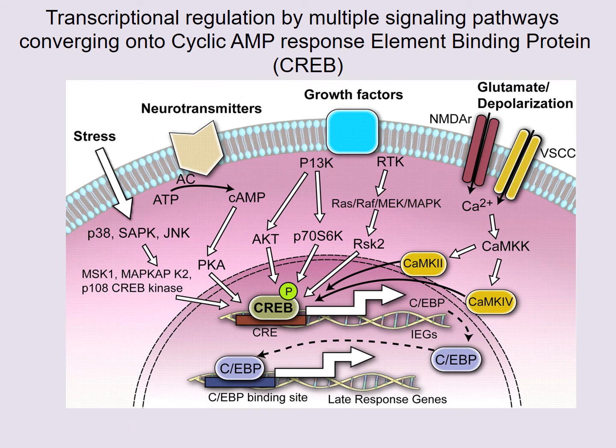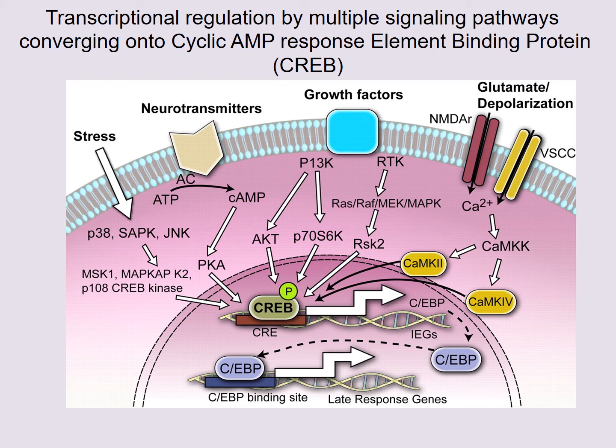So what is present on this slide is to show you that transcriptional regulation by multiple signaling pathways is going to converge on the CREB protein. So we have here what we have talked about so far, cAMP, and PKA activation is going to lead to phosphorylation of CREB, but also activation of AKT, which we talked about is going to be through the growth factors, through activation of phosphatidylinositol 3-kinase.